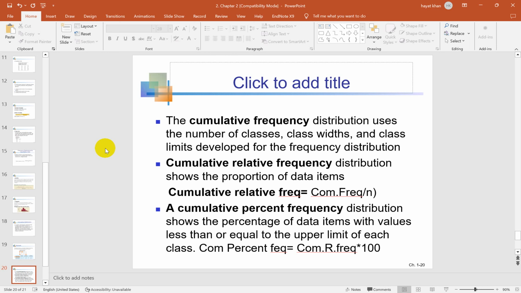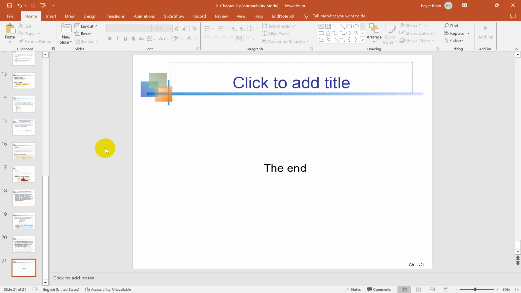And a cumulative percent frequency distribution shows the percentage of data items with values less than or equal to the upper limit of each class. Cumulative percent frequency is equal to cumulative relative frequency multiplied by 100. I hope you understand the frequency distribution.